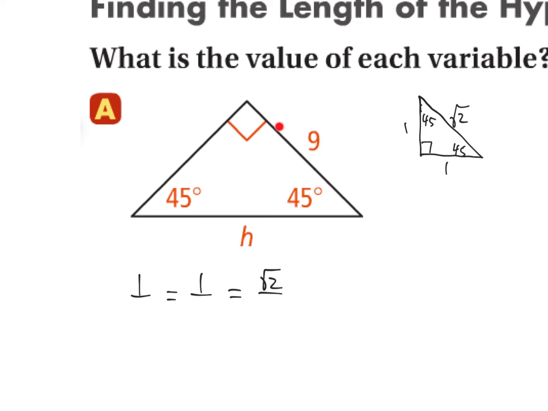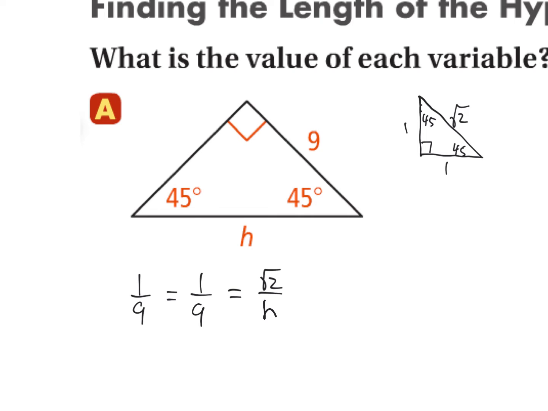So I see that my legs are going to be 9 and 9. The length of my hypotenuse has to go below the square root of 2. So that's h. That's what I'm solving for.